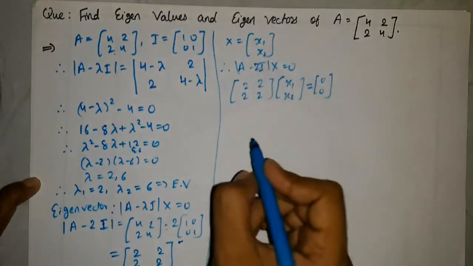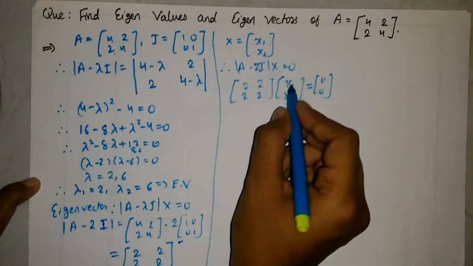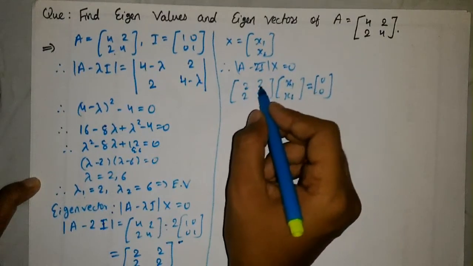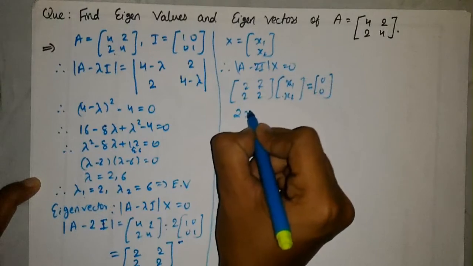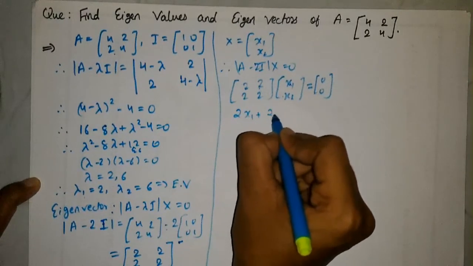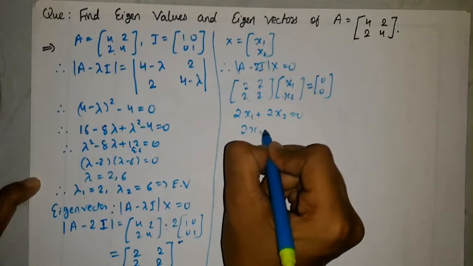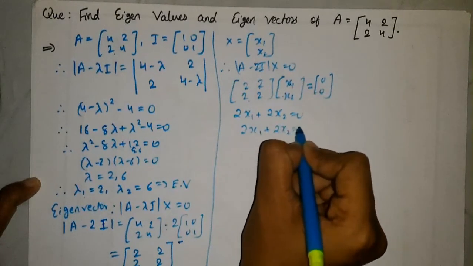Solving this, we multiply: 2x1 plus 2x2 is equal to 0, and similarly 2x1 plus 2x2 is equal to 0.